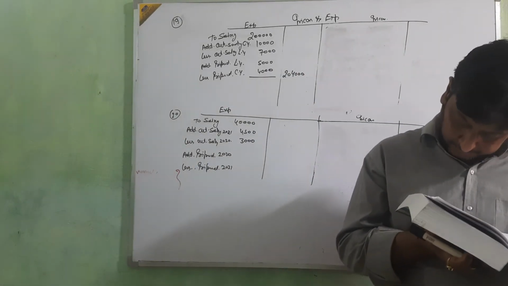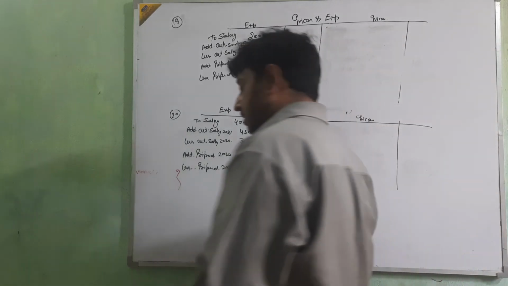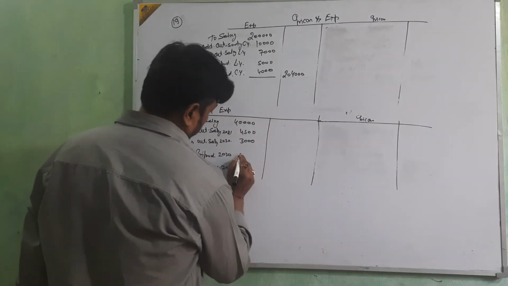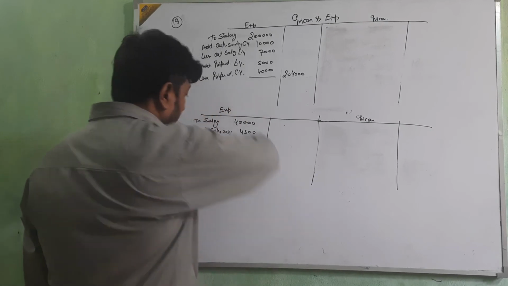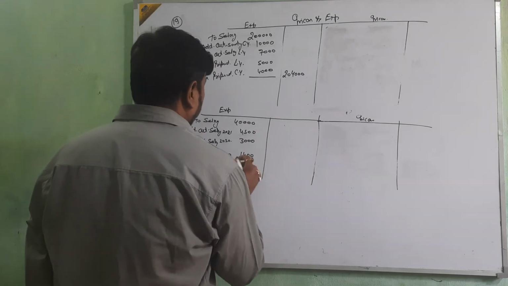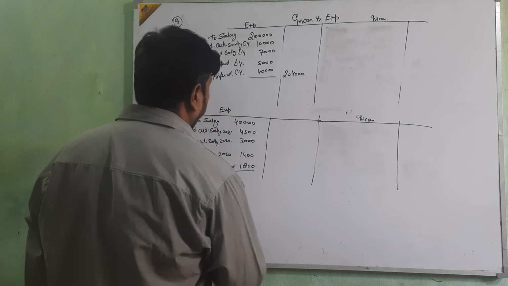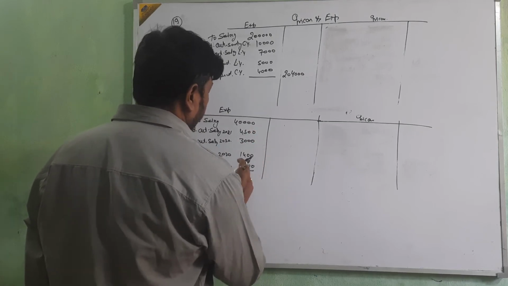Okay, prepaid 2021 is 1,400 and 2020 is 1,800. Okay, just see how much amount will come. 4,500 and 3,000, here the difference is 1,500 and here the difference is 400.